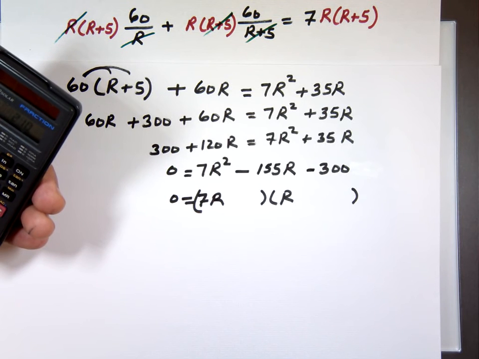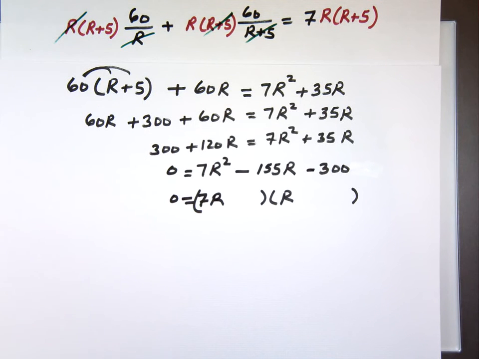I don't think I can factor to get that number I wanted to get. I had a number in my mind. I don't think I can factor this problem, to be honest with you.